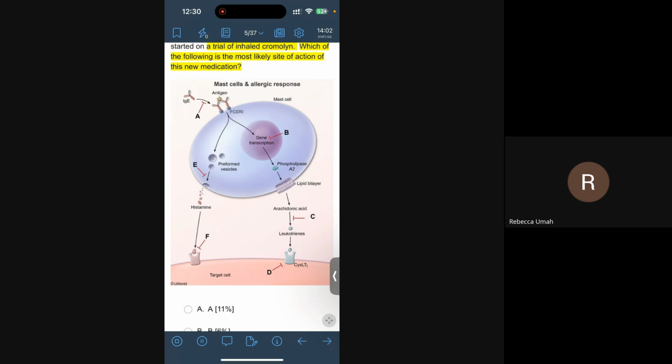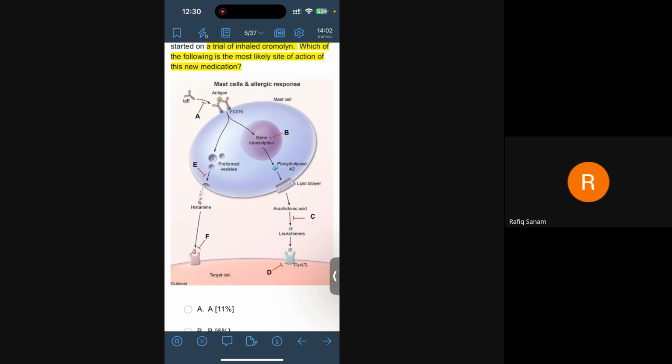Point A will be the site of action of what drug? Omalizumab, the anti-IgE antibody. Point B: which drug acts within the nucleus? The glucocorticoids, steroids. Which drug acts at point C?